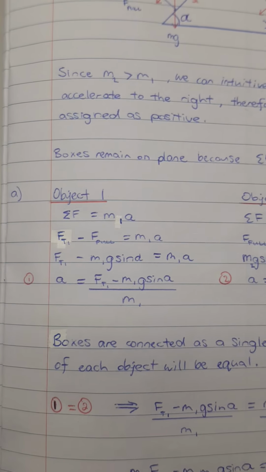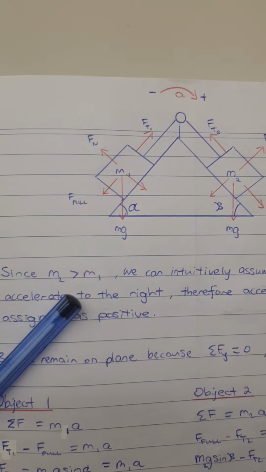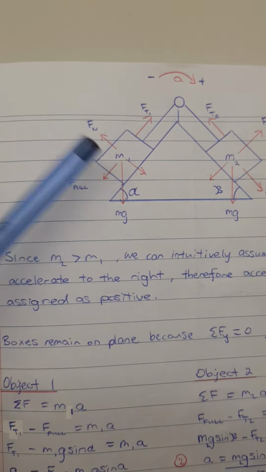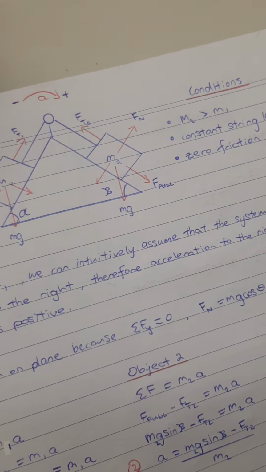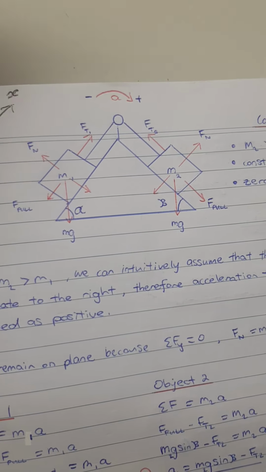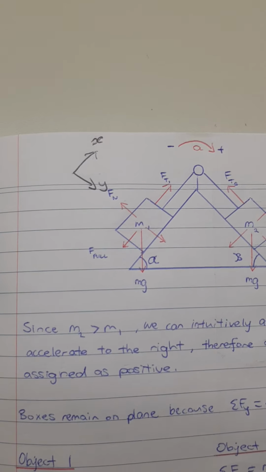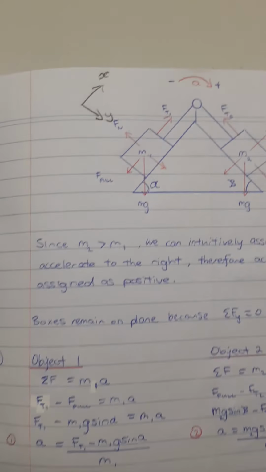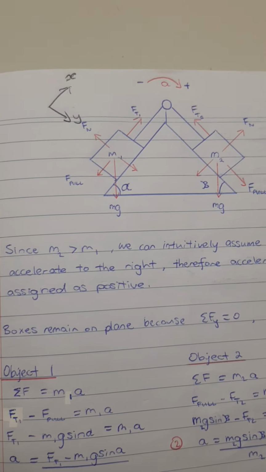If we look at all the forces on M1, because it's stuck on the plane, and I state that my x direction is up the plane and my y direction is perpendicular to the plane, we have that in the y direction the sum equals 0, because the mass is not moving up or into the plane, it's remaining on it.